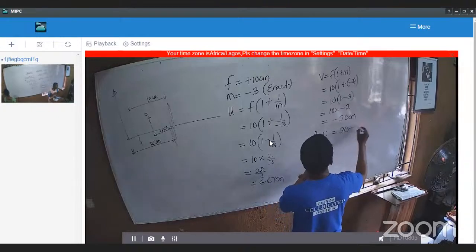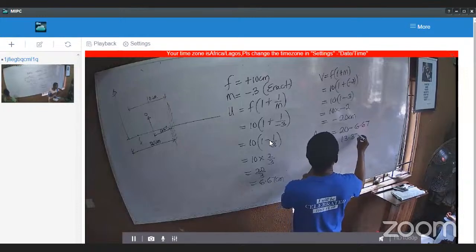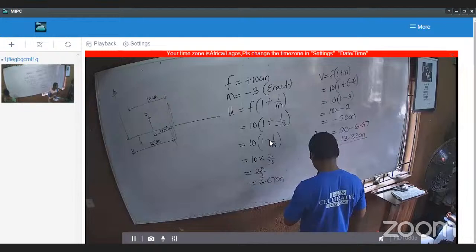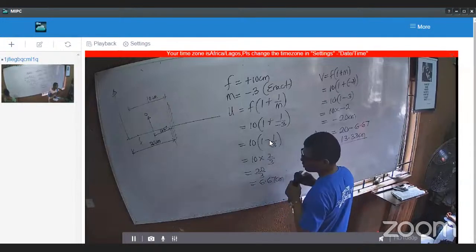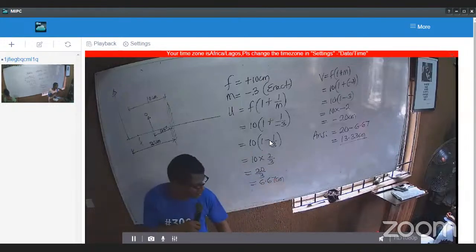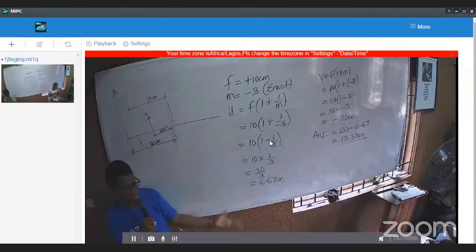20 minus 6.67. So the answer is 13.33333. If you get this one, that means you are a solid student. I just added the two of them: minus 20 plus this one. That's okay.